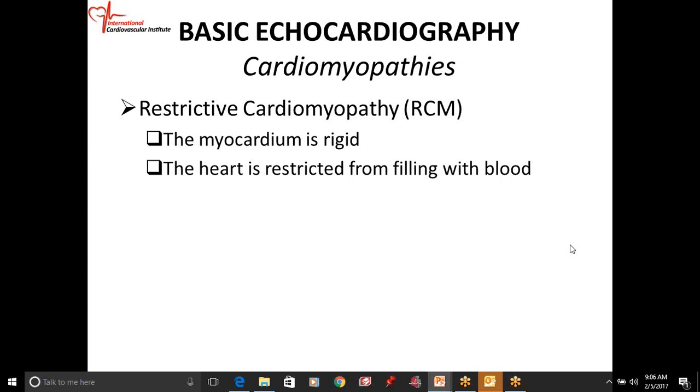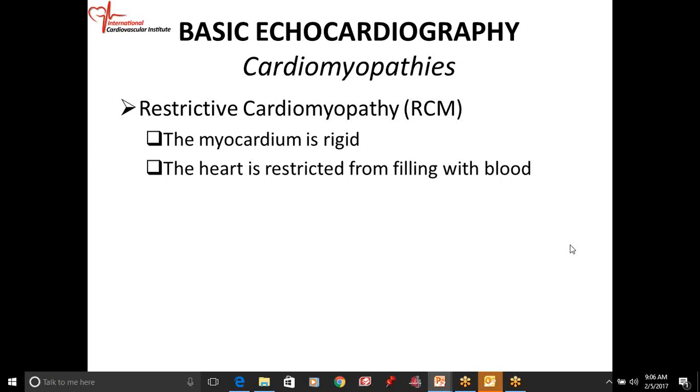Because if the patient has constrictive pericarditis, you just remove the pericardium and the patient will do very well. Whereas restrictive cardiomyopathy is a little bit more difficult to treat, but you have to make the diagnosis. Okay, one is a muscle disease and the other one is a pericardial disease.